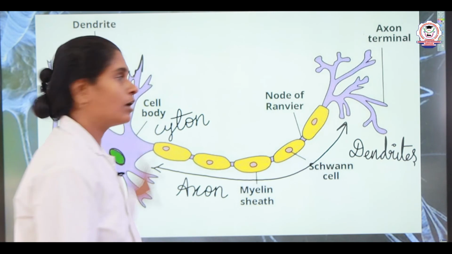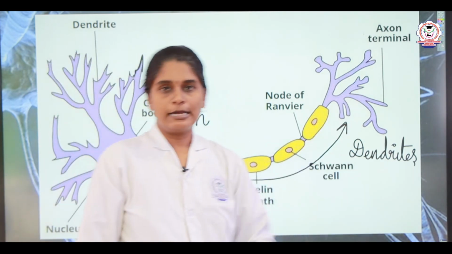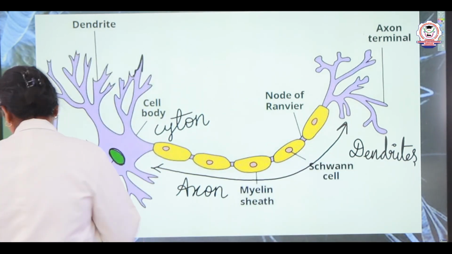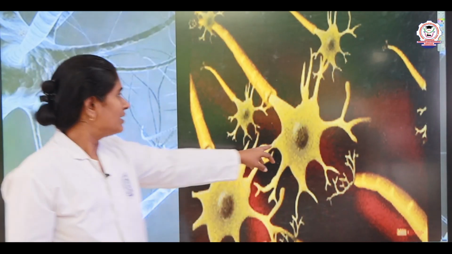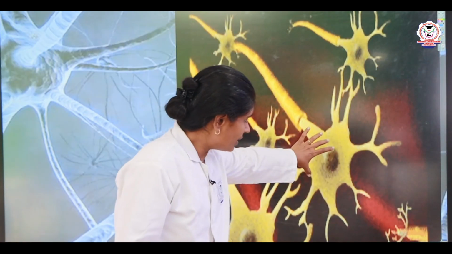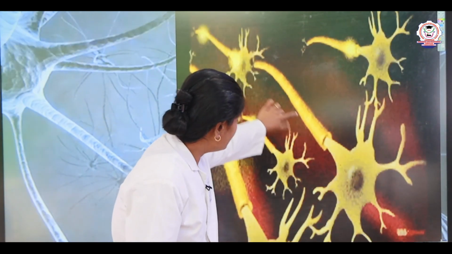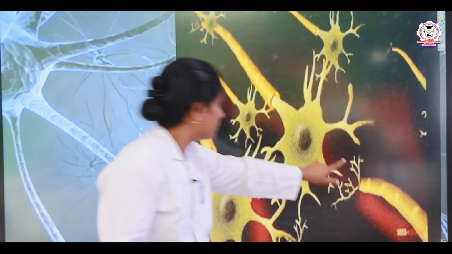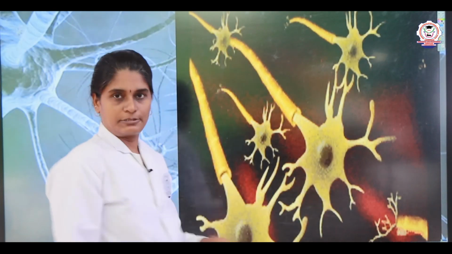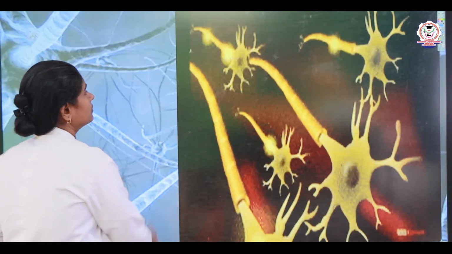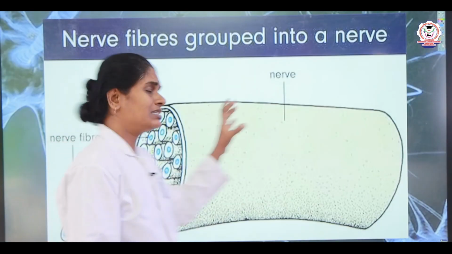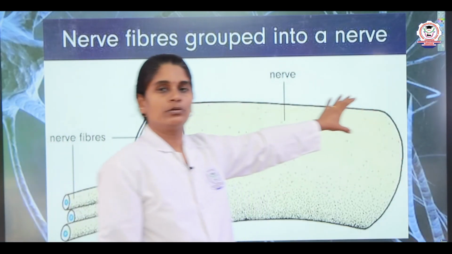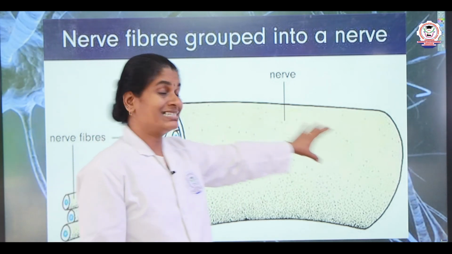So now you have learned the parts of the nerve cell, right? Here you can see this is one nerve cell which is connected to another nerve cell. Any message is passed through this nerve cell, right? Now what are these nerves?